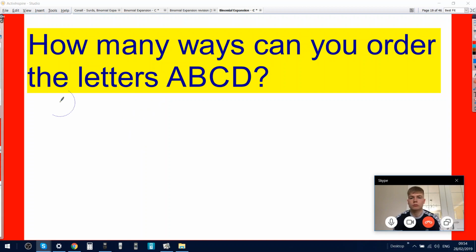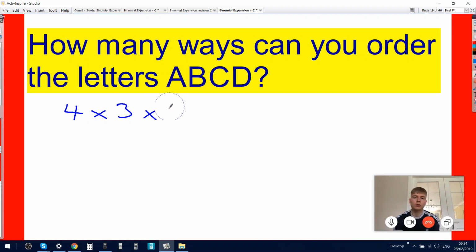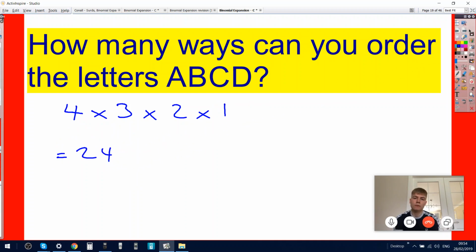So how many letters can you choose for the first one? 4. And once you've chosen that, how many letters for the next one? 3. Once you've chosen those, how many for the next one? 2. And 1. Yes. And so I believe you get 24 in total.